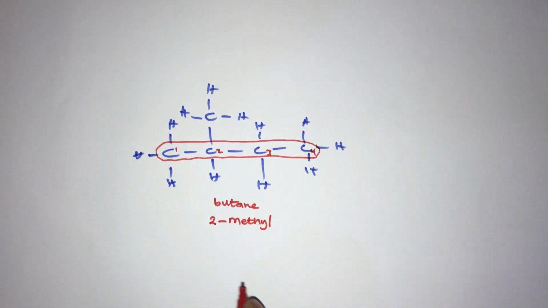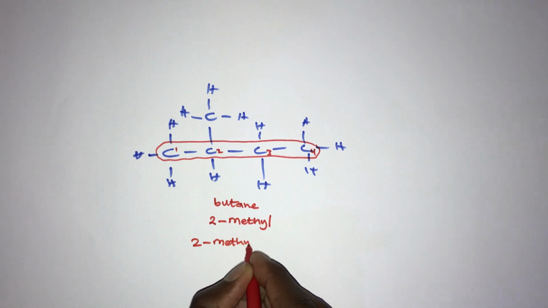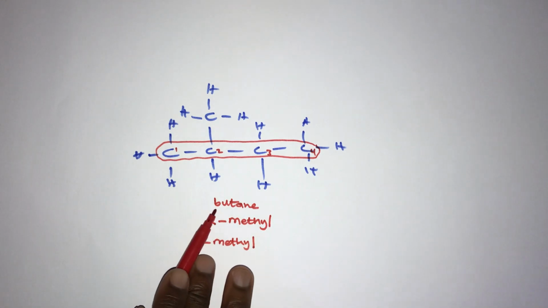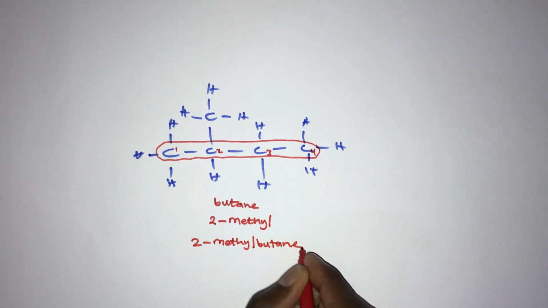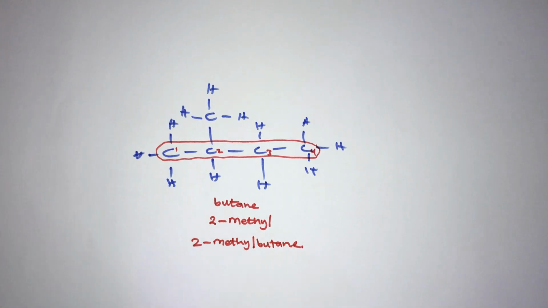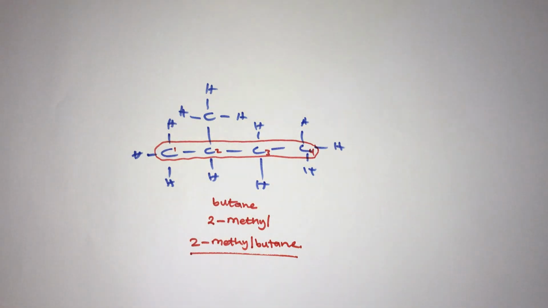We start with a branch 2 dash methyl, then we combine the name butane. So that means this is the IUPAC name of this structure.